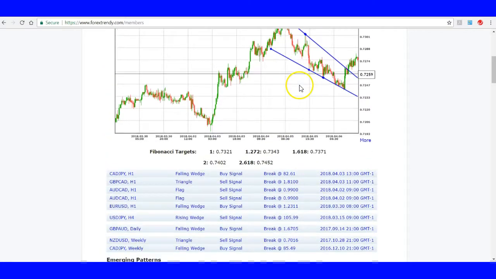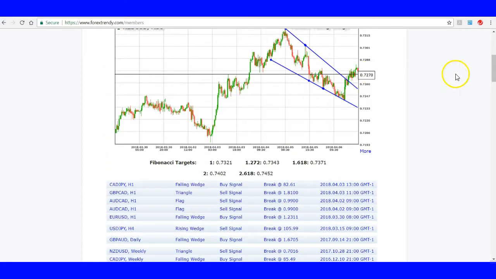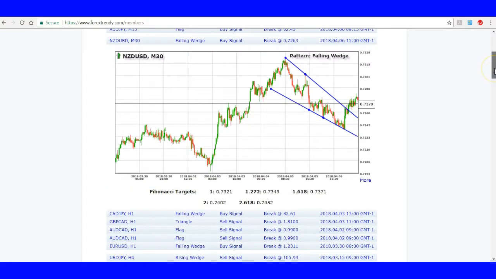Here's a New Zealand that recently broke out on a 30-minute chart. Gives you the trend. And then, of course, you go to the live chart and check it out and see what your position would be, if it's a longer-term trend that you're buying into, or a short trend or a reversal of that nature.